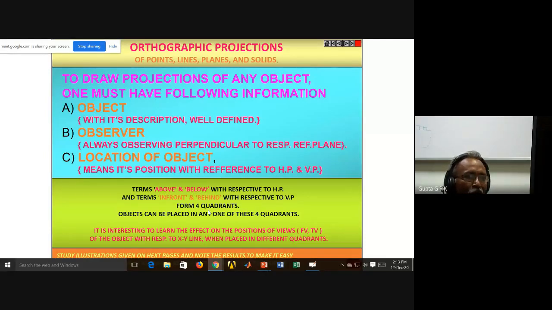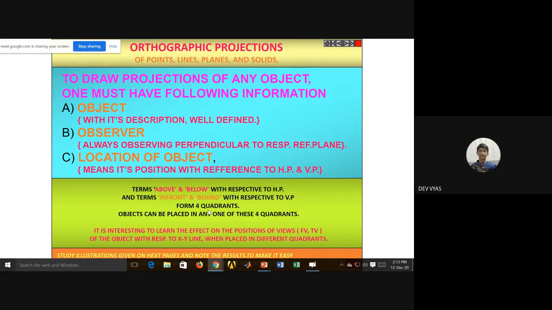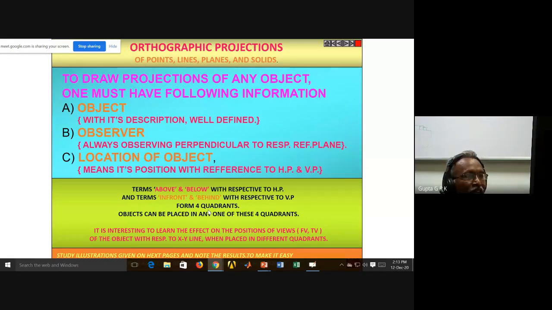What is a 2-dimensional object? Means plane. I have to understand how to project planes before going to solids. And to understand the projection of a two-dimensional plane, I have to understand how to represent a one-dimensional object. What is a one-dimensional object? Line. So I have to know how to project straight lines.